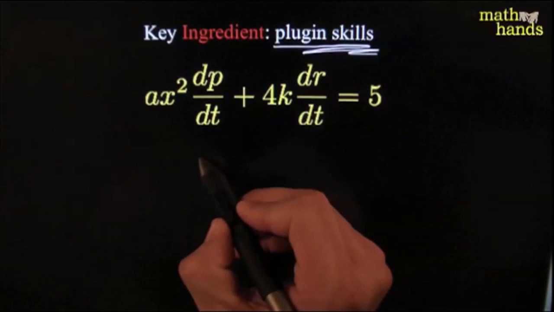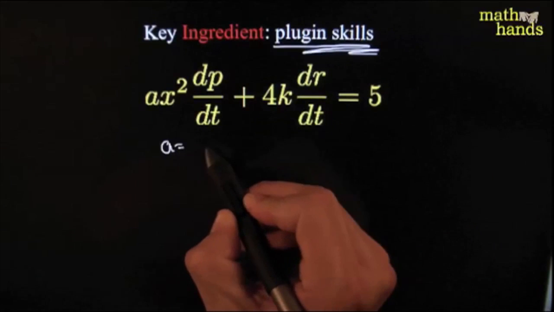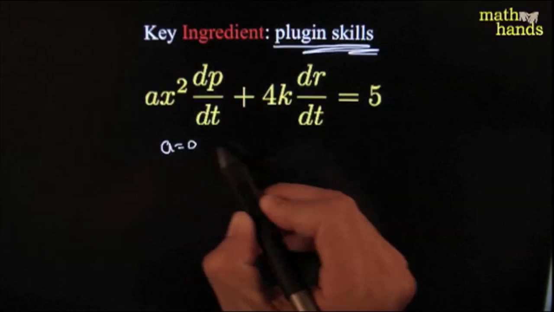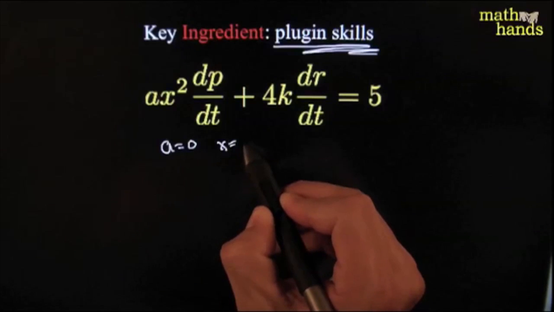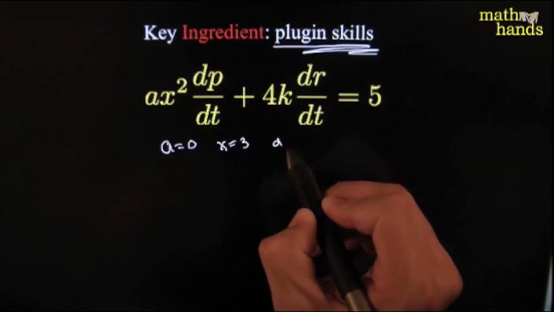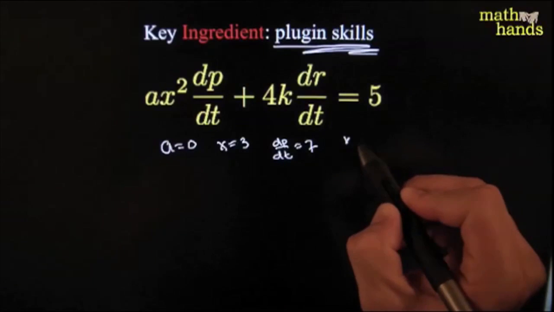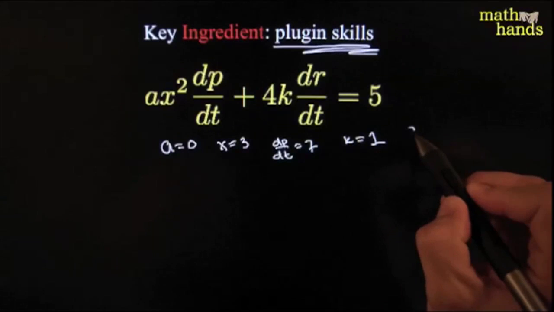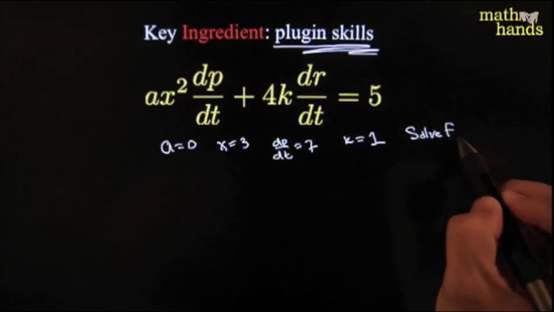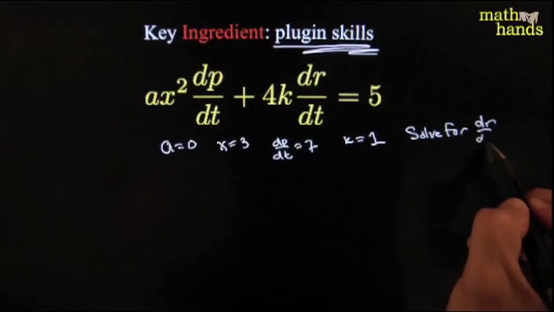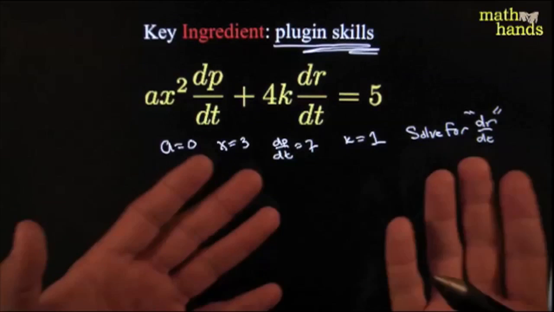Suppose in this case I tell you that A is equal to 0, X is equal to 3, dp/dt is equal to 7, K is equal to 1, and I tell you to solve for dr/dt. Well, child's play.